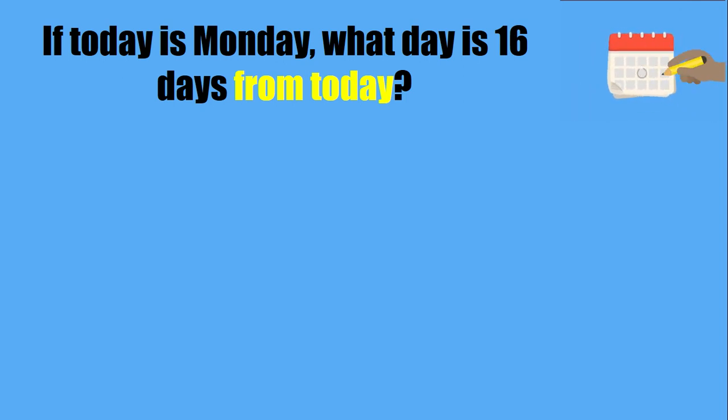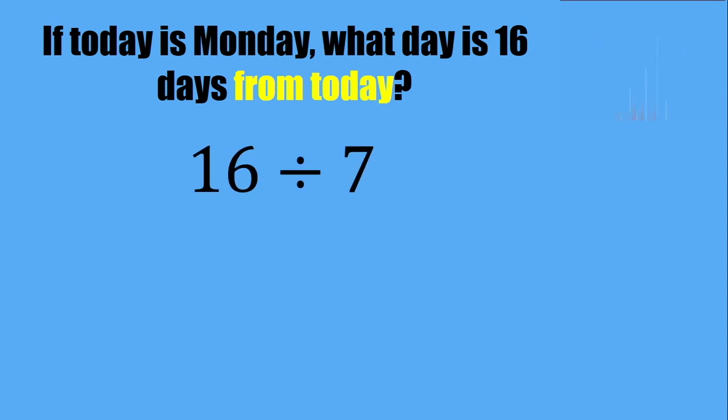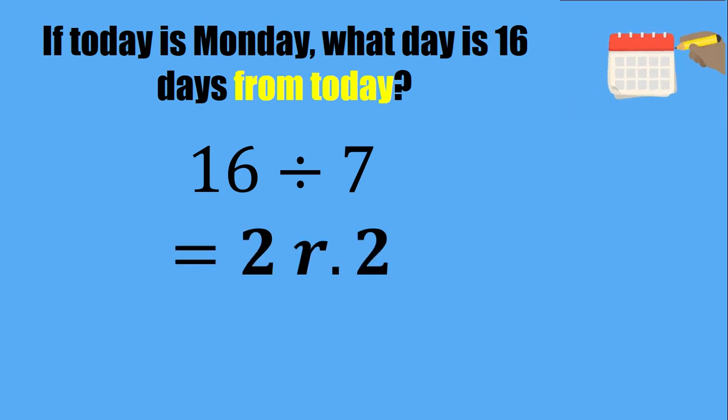The most important part in modular arithmetic is the remainder. Let's have this one. If today is Monday, what day is 16 days from today? Same procedure, we're just going to divide. 16 divided by 7, and the answer here is 2 remainder 2.